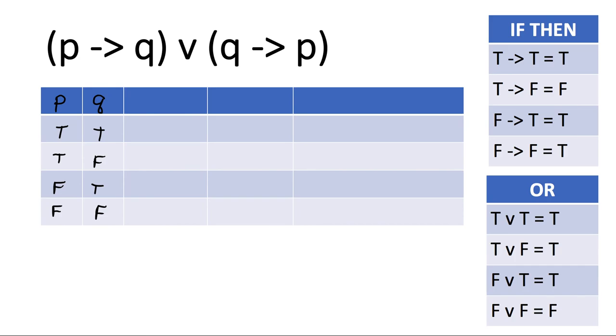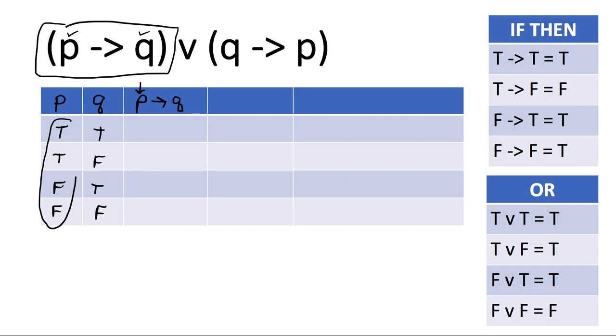Our next goal is to build the left side of the truth table. So we've got the P, we've got the Q. We're going to go ahead and put these together with an arrow in between. So my next column is going to be if P, then Q. So I'm going to copy to begin with. Underneath this P right here, I'm going to copy all of these P values.